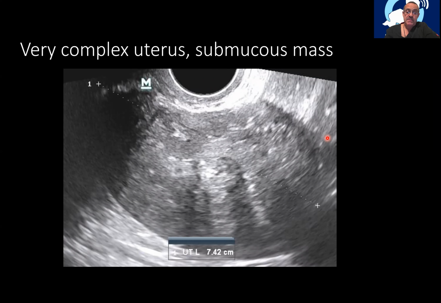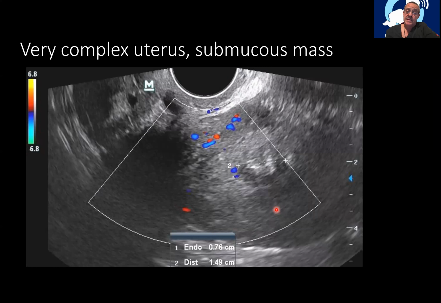A very complex uterus with that submucous mass. See this? The material is like this, a complex uterus, probably adenomyosis with the submucous mass. See this? This is spreading the material lining.